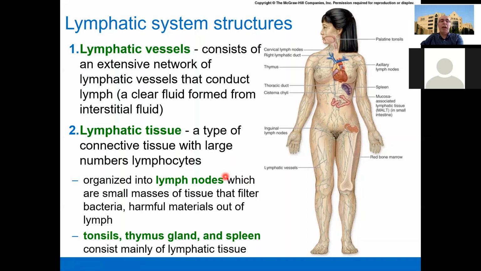Lymphatic tissue is a type of connective tissue with a large number of lymphocytes, organized into the lymph nodes.